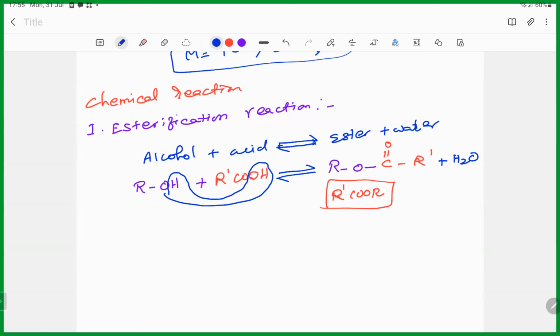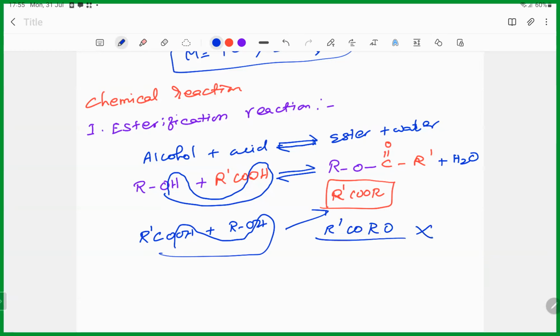Clear? So simply, you write R dash COOH and ROH. Remove this OH and this H, and you will get R dash COOR. See how it connects: the CO is connected with oxygen, and the oxygen is connected with R. So you should not write R dash CORO; writing that is wrong. Understood?